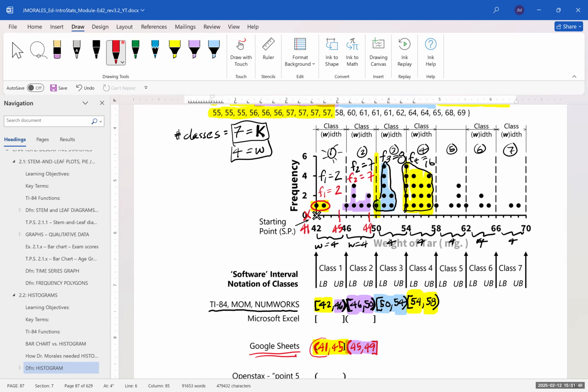And we would just keep right on going. Left parentheses, right bracket. 49, because it's the same number there. Add 4, that would be 53. So here's 53. And now it's going to be values that are greater than 49, but less than or equal to 53.